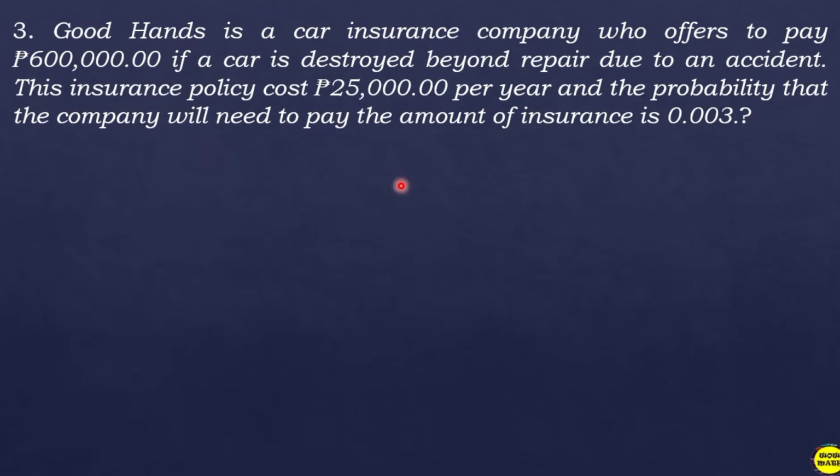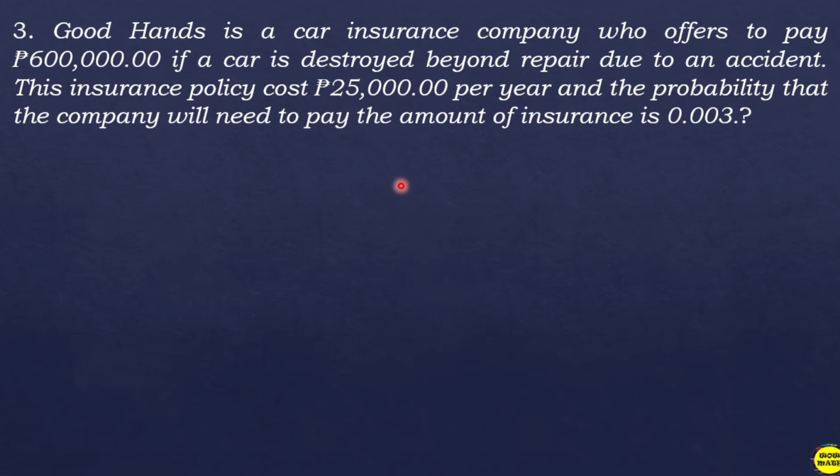So, another problem. Good Hands is a car insurance company that offers to pay 600,000 pesos if a car is destroyed beyond repair due to an accident. This insurance policy costs 25,000 pesos per year, and the probability that the company will need to pay the amount of insurance is 0.003.